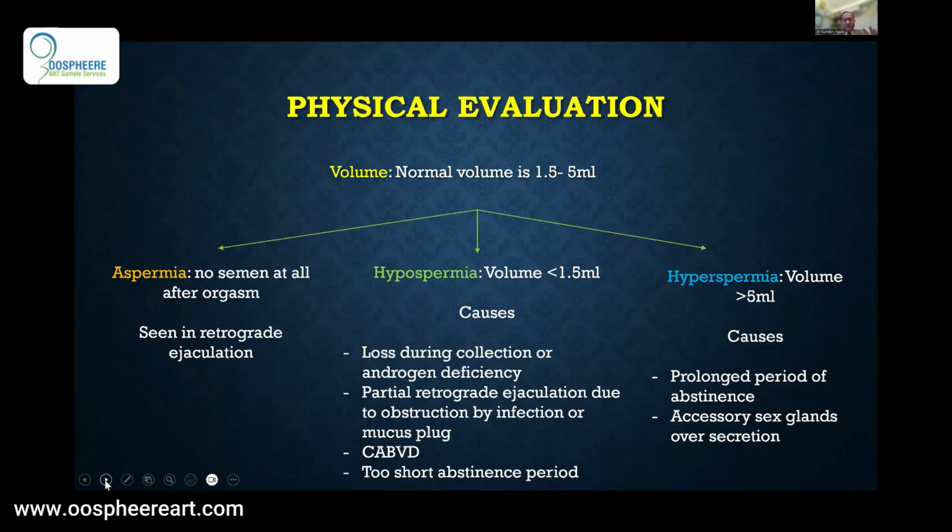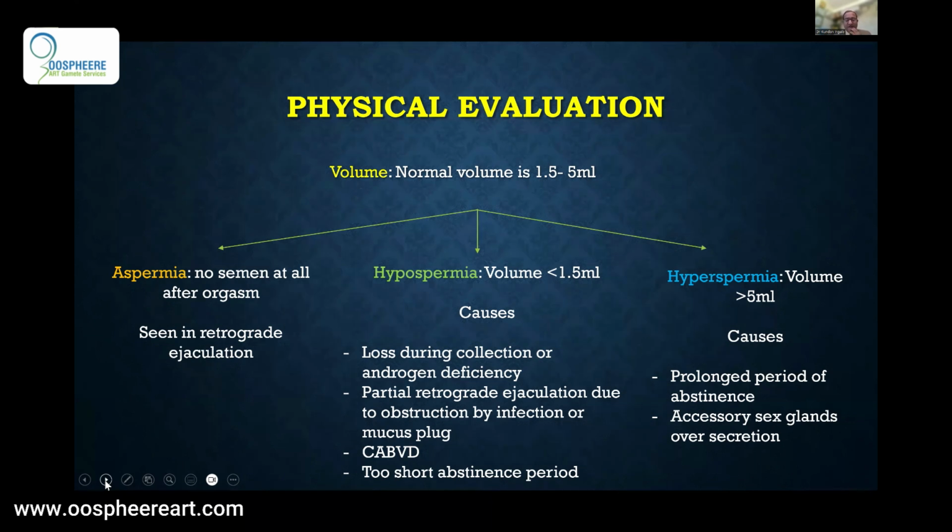Now, the cause is simple. A major part of the volume comes from the ejaculatory duct, and the seminal vesicles secrete the seminal fluid or seminal plasma. So it is important that there is a high possibility of congenital absence of the vas deferens, or there is a loss during collection, which can be just a collection fault, or there is an androgen deficiency, or partial retrograde ejaculation due to obstruction by infection or a mucus plug, or even too short an abstinence period, which may happen sometimes.